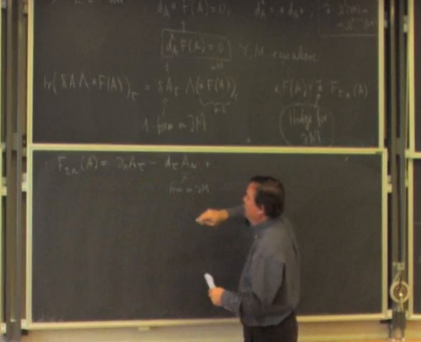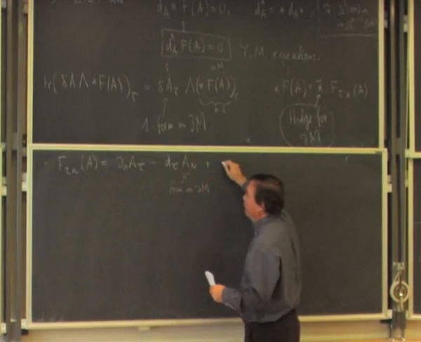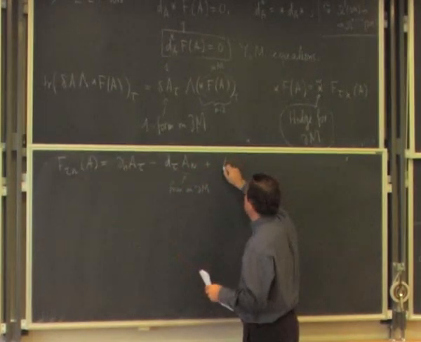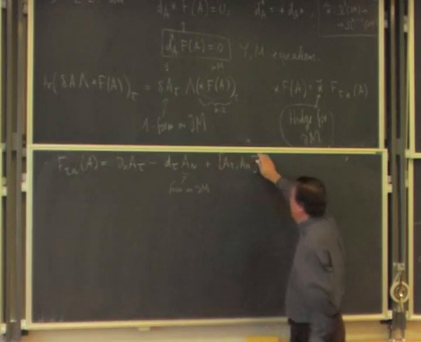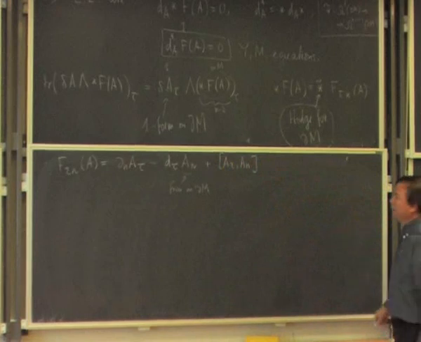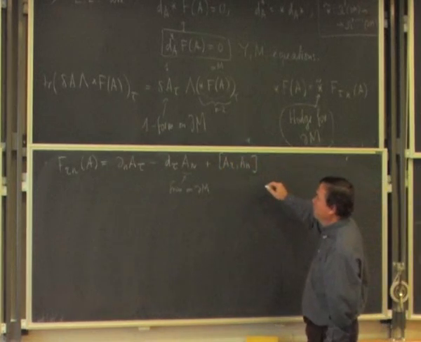Plus, and then it's tau n, so it's a tau a n, Lie bracket.